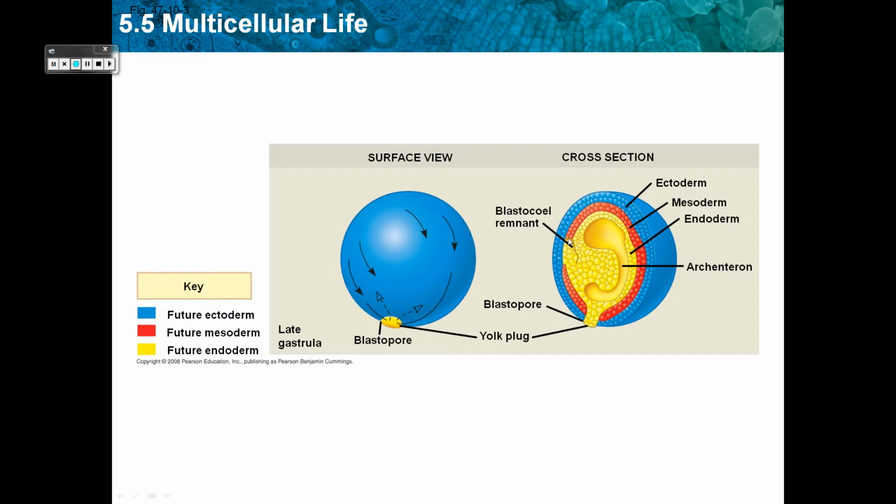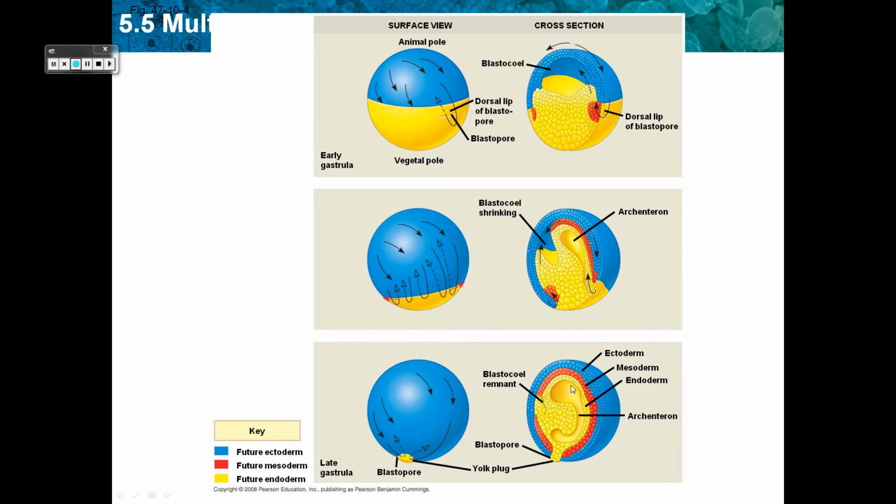The endo means internal, and they become your internal organs like your pancreas, lungs, and your digestive system. So ectoderm is the outside, the endoderm is inside, and the mesoderm is in the middle. Okay, that position determines what kind of cell it's going to differentiate into. Here's just all of the embryonic cells and their movement together.